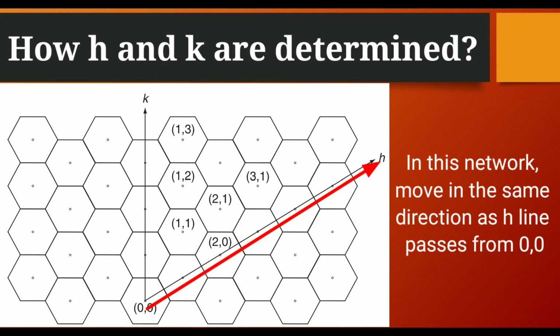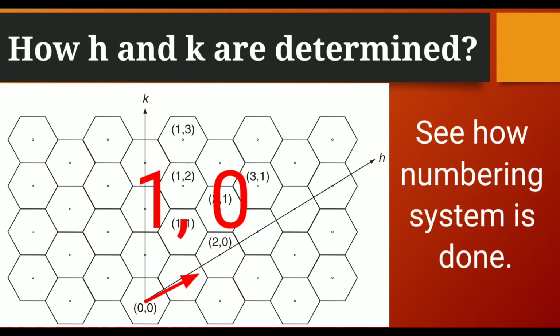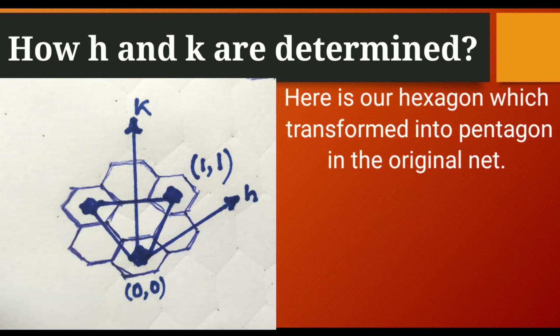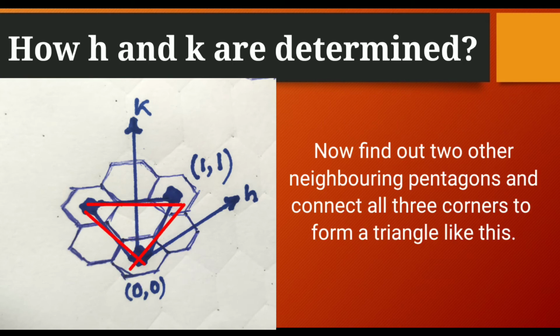The h and k tell you the distance between two such pentamers, or the fivefold symmetry, or how many jumps are required to reach the next pentagon from one pentagon. Let's see how. Here is our original hexagon that is converted into a pentagon. I have drawn a triangle in such a way that its three corners touch the three neighboring pentagons.